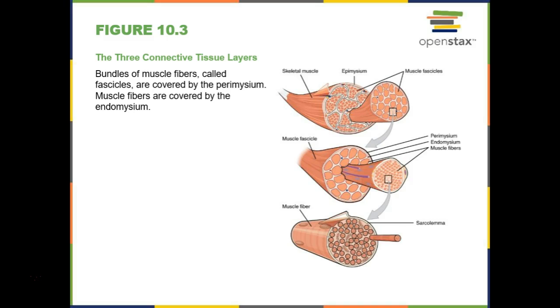So if we pull out an individual muscle fiber from that fascicle, that muscle fiber is going to contain its own connective tissue wrapping composed of areolar connective tissue. And this is more of an electrical insulator, it keeps the activity of that muscle fiber separate from the other muscle fibers.